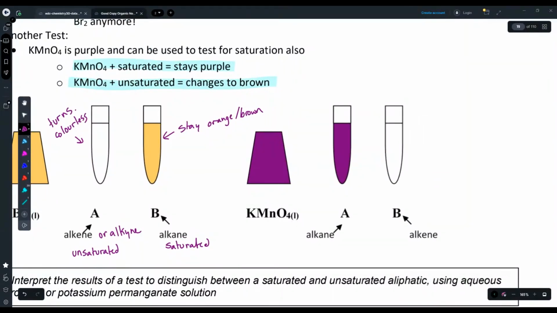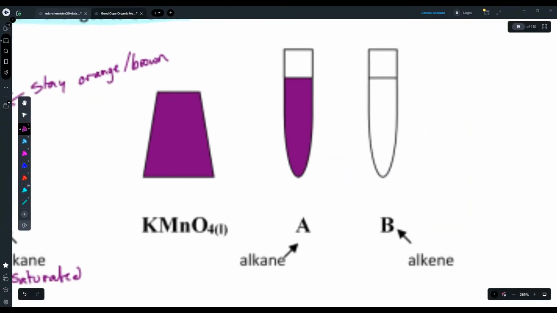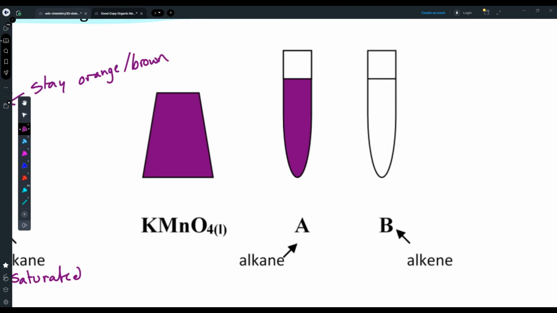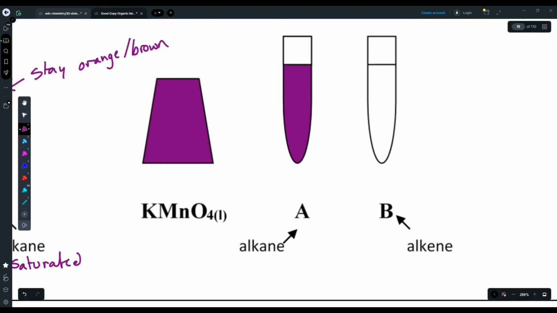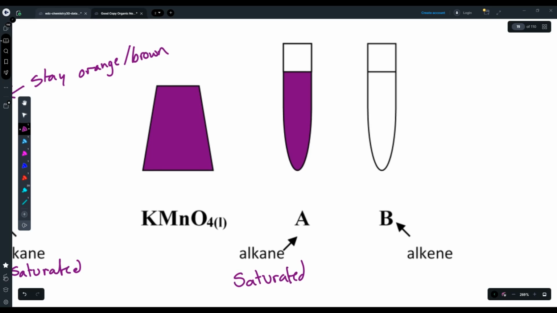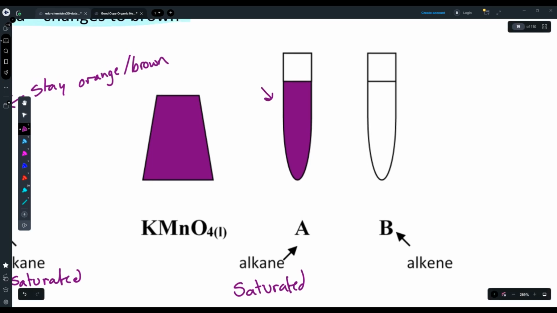Similarly with potassium permanganate, by itself it's just purple. If you mix it with a saturated compound, such as an alkane, just keep in mind alkanes aren't the only type of saturated compound you can have, it's going to stay purple.